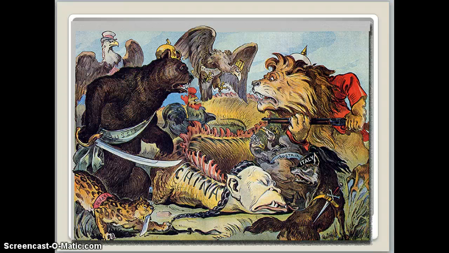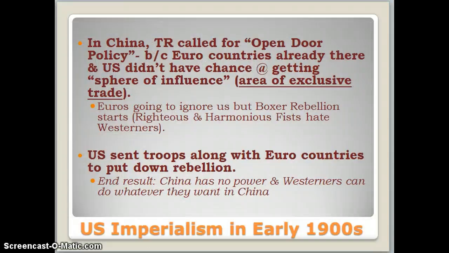And so the Righteous and Harmonious Fists basically decided to take back their country. They started killing missionaries and killing Western government officials, and it was a mass movement of martial arts fighters, and they just started killing Westerners, Europeans.